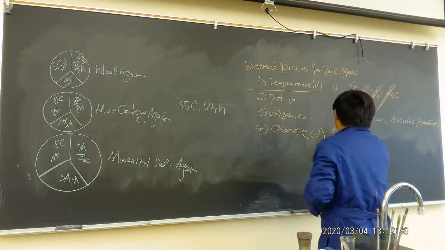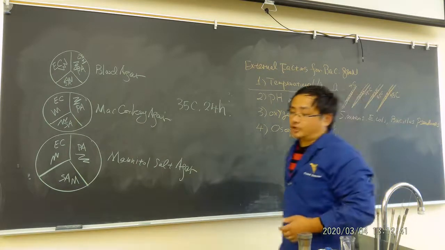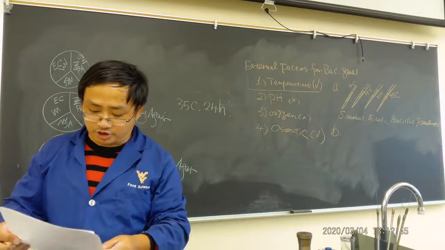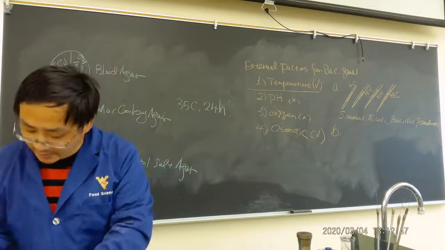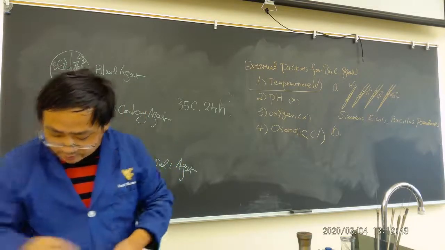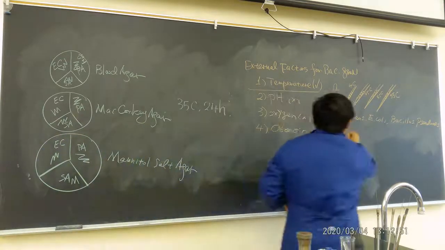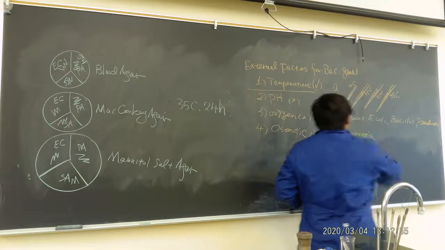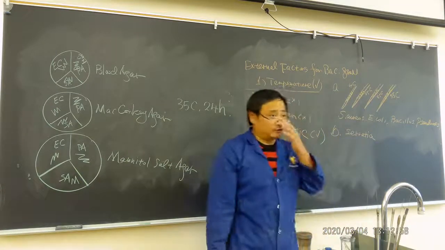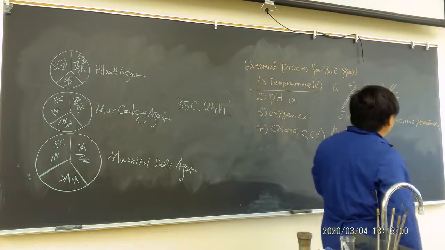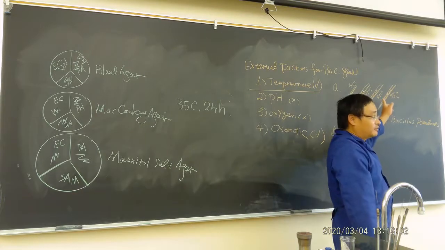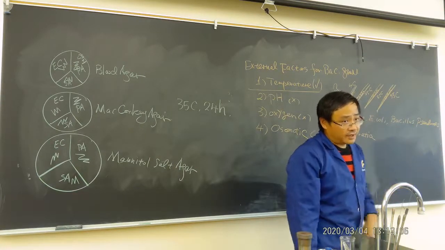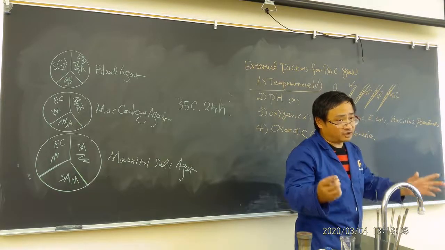The second one, we want to talk about this very special bacteria called Serratia. That bacteria will be right here. This bacteria is very interesting. Usually bacteria grow very well at 35, better than 25, because of the enzyme and the good activity at 35.